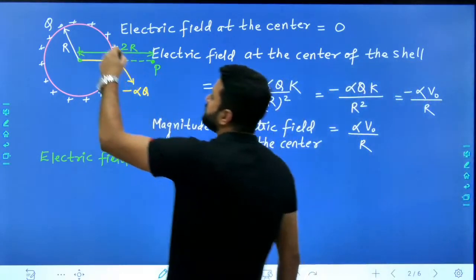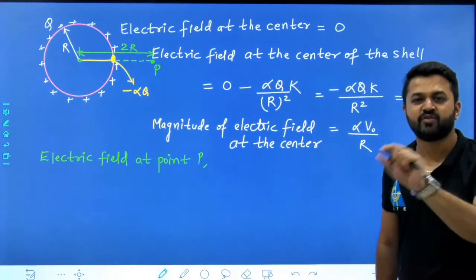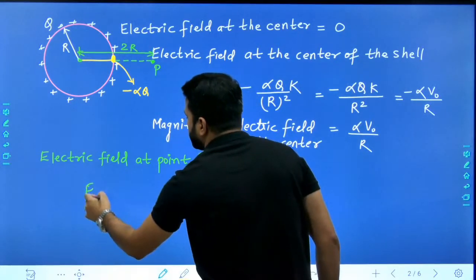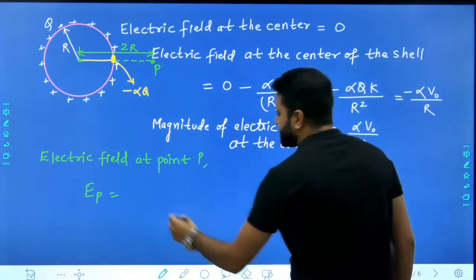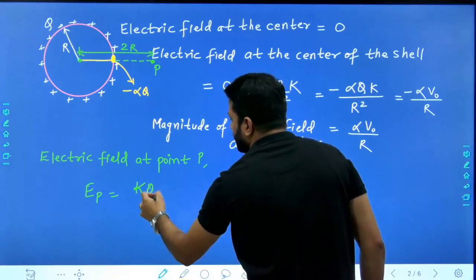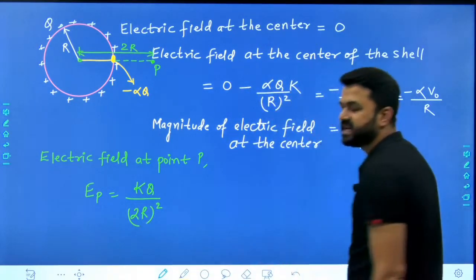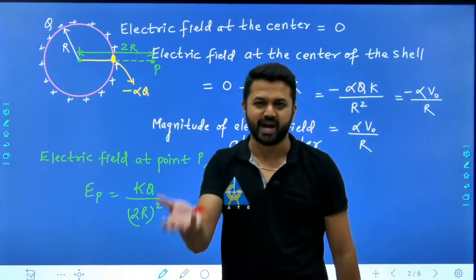One charge distribution is on the sphere and the other is the charge that is removed because of the hole. The electric field at point P because of the spherical charge is KQ by R squared, where R means the distance, which is 2r.